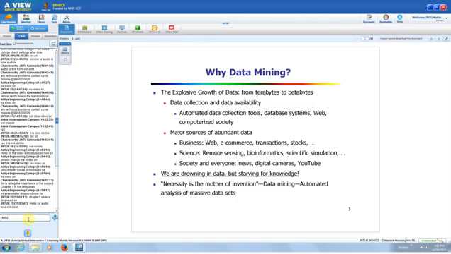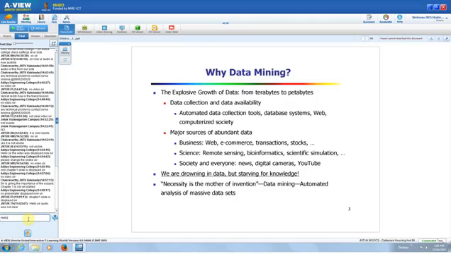So why data mining? Of course we discussed the explosive growth of data from terabytes to petabytes, data collection and availability, automated data collection tools, database systems, web and computerized society. This is generating very massive data.